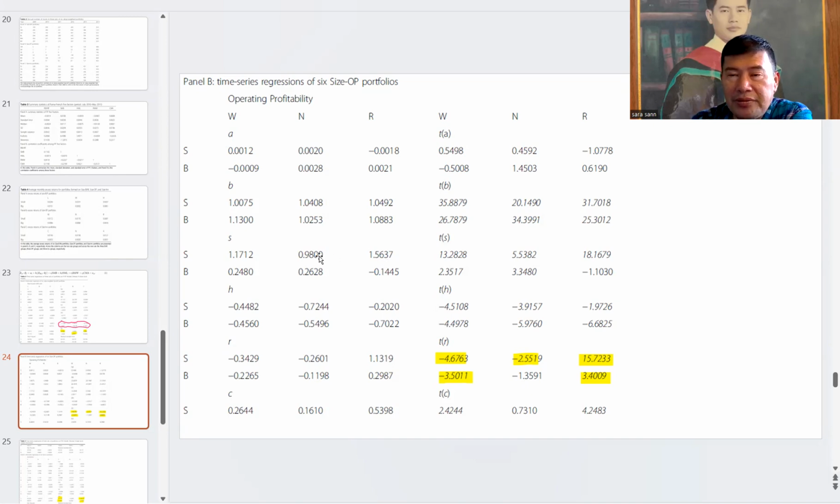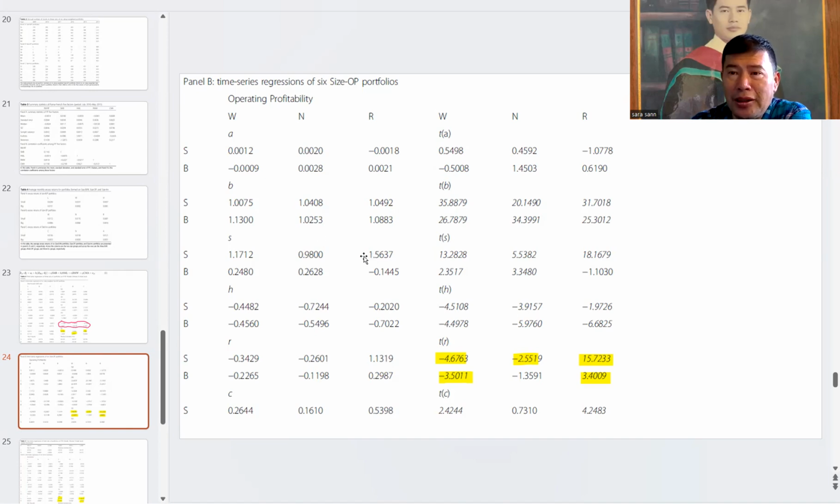And when the size goes up, the return on investment goes up 98%. There are two items that are favorable for investors based on size related to excess return.